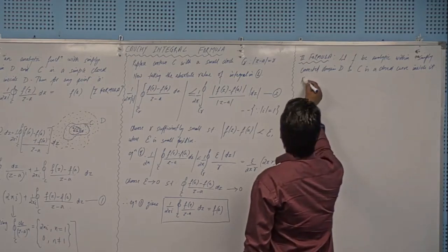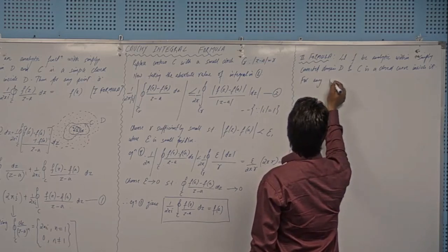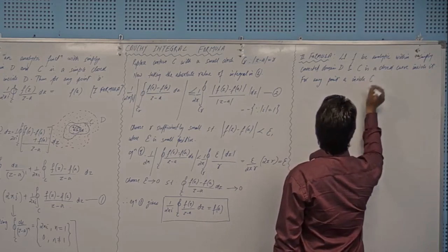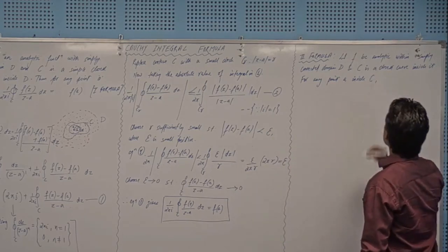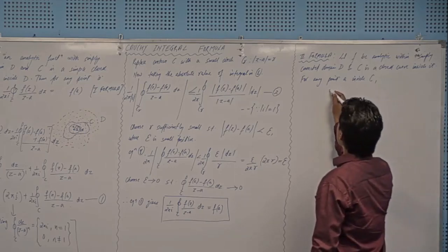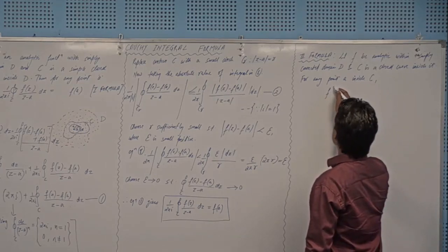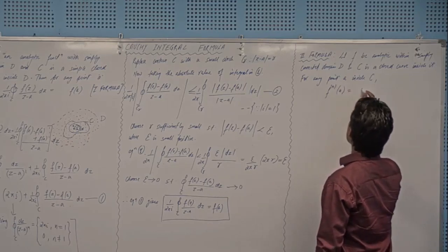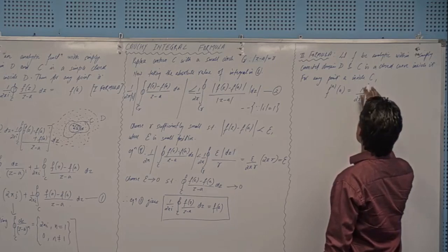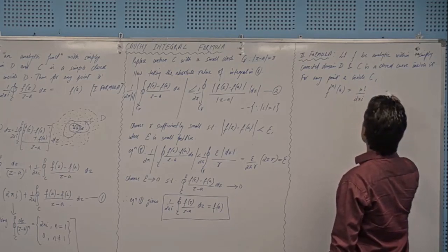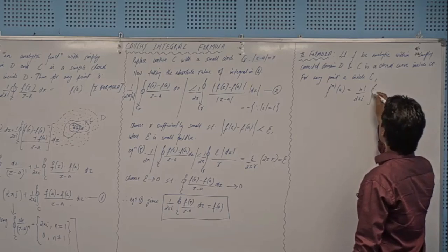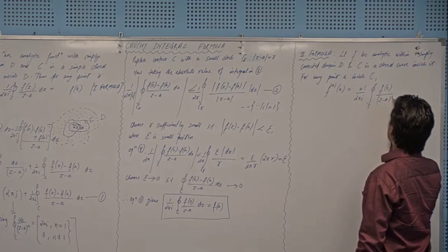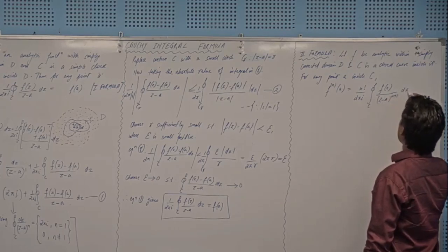For any point a inside C, the formula is: the nth derivative of f at a is equal to n factorial over 2 pi eta, times the integral of f(z) over (z minus a) to the power n plus 1 dz.